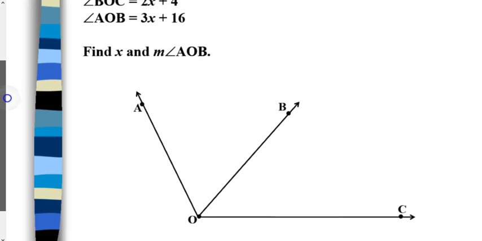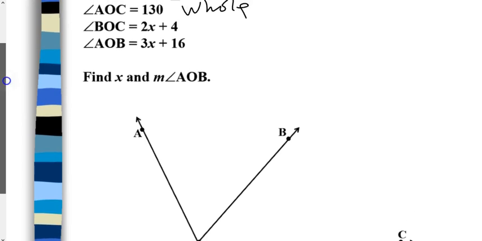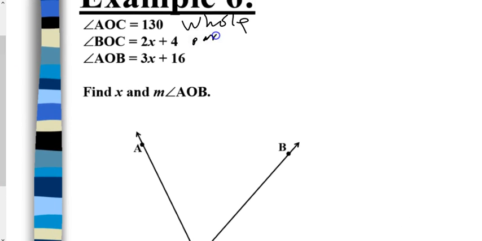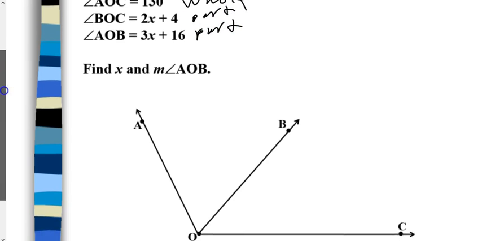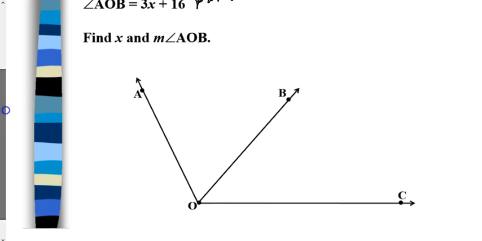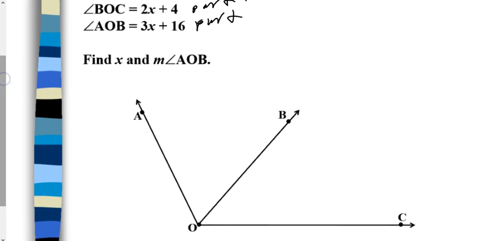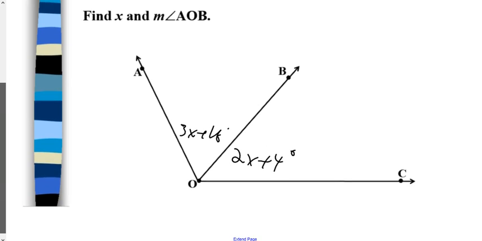And AOB is the upper left angle, however you want to look at it. So this is a part, and this is a part. If you want to go down here and put BOC, 2x plus 4 degrees, and 3x plus 16 degrees, kind of remind yourself that is the two parts. And then the overall is just 130 degrees.